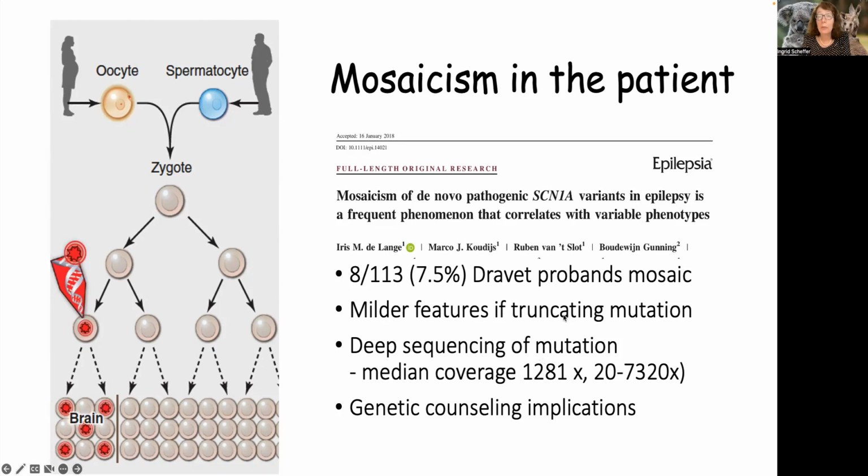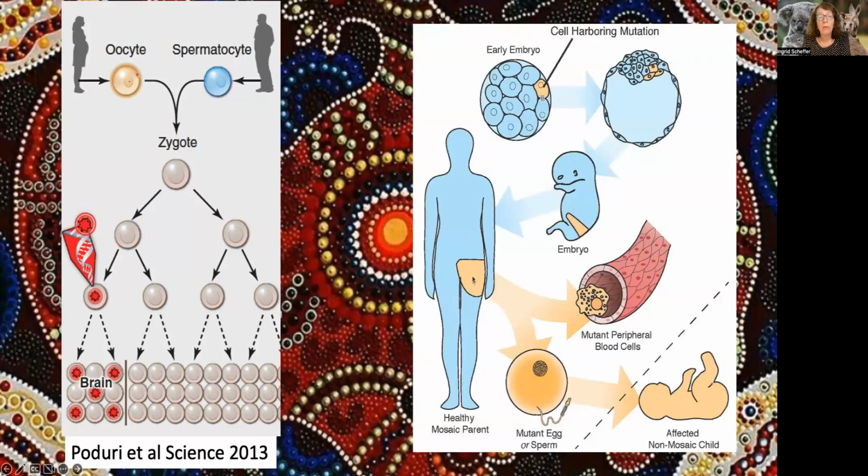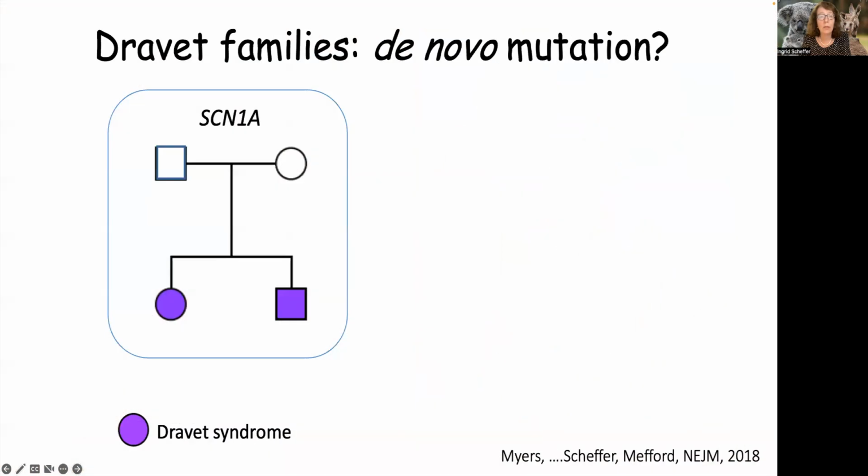If they had a truncation mutation, they had milder features than if they were truly heterozygous. Now, this finding has important genetic counselling implications, because if it's new in the child and has occurred after the zygote has developed, the parent cannot carry it, and therefore they are not at risk of having a second affected child.